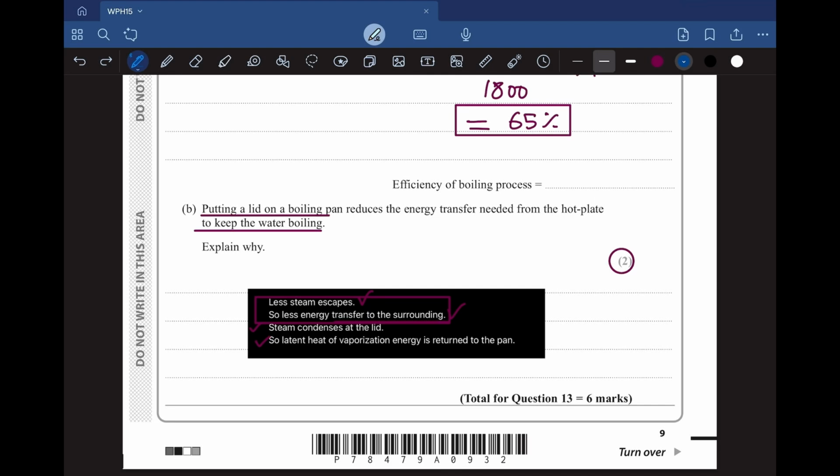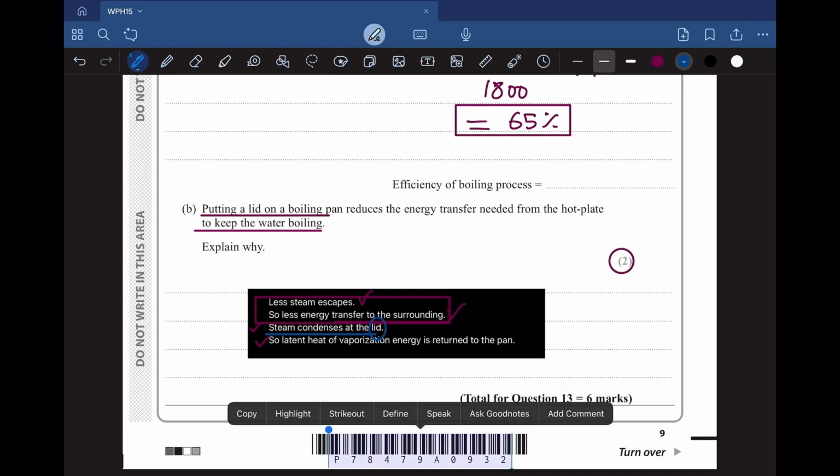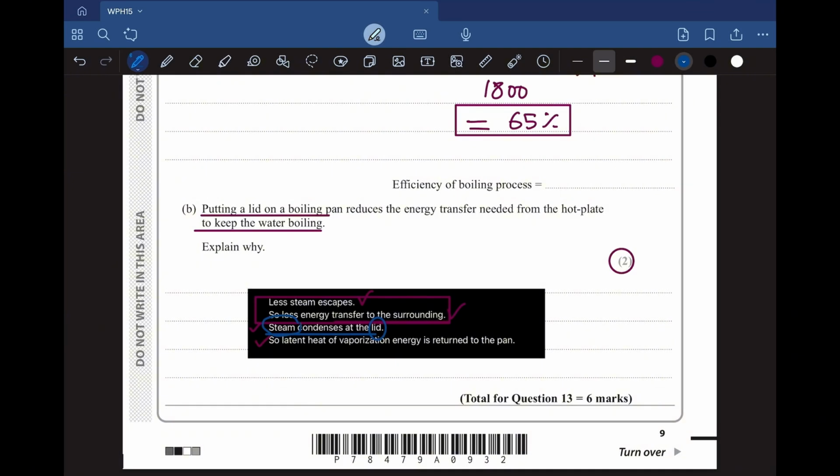So it says steam condenses at the lid. So why does the steam condense at the lid? Because basically the temperature of the lid is definitely less than the temperature of the steam, right?